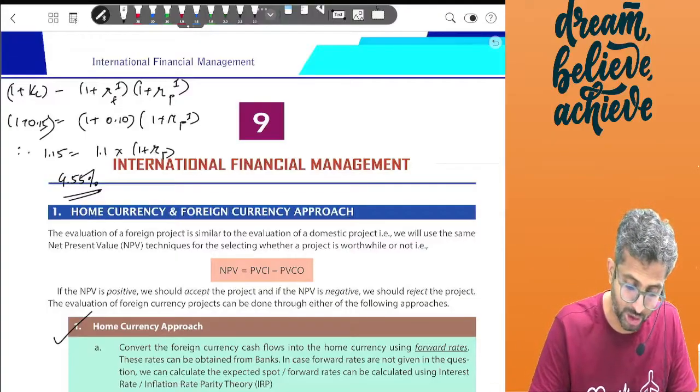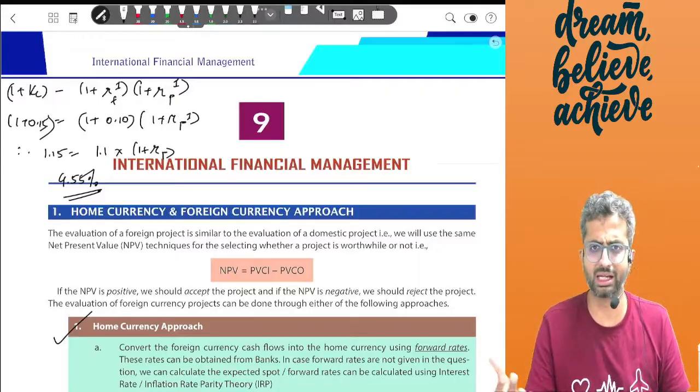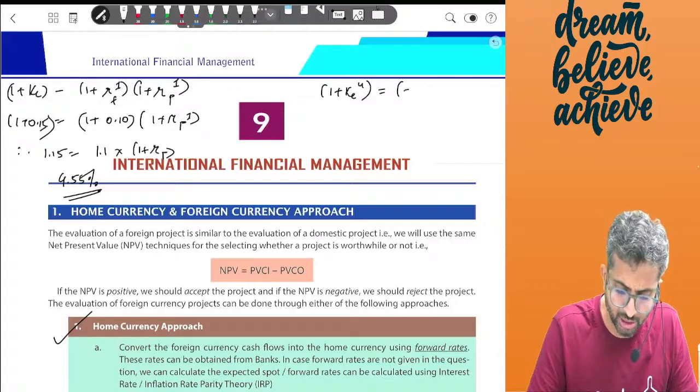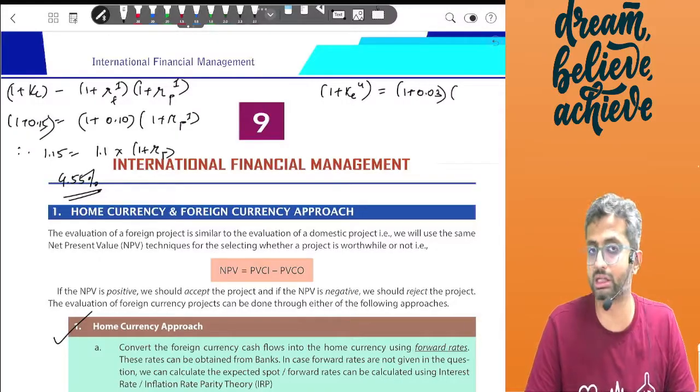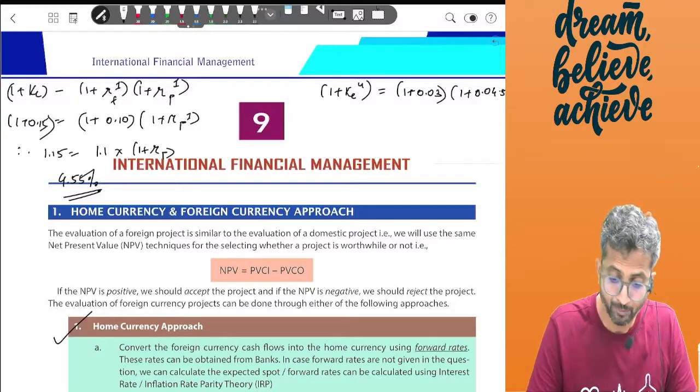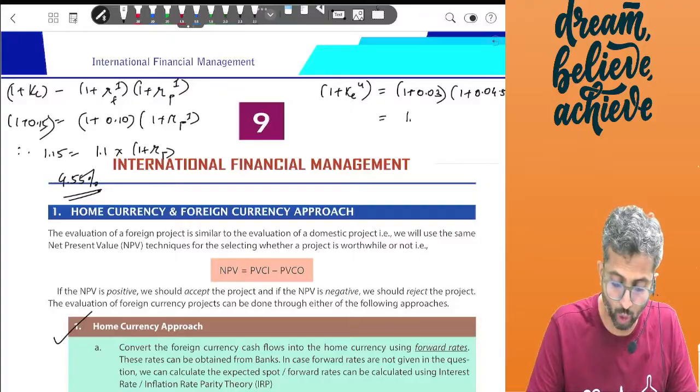So now in the US, if the risk-free rate is, for example, only 3%, and I want to find the required rate of return in the US, I would say that even for a US project, I will at least expect 3%, that is the risk-free rate in the US, plus the risk premium, which is the same across the world unless otherwise given, which is 4.55%.